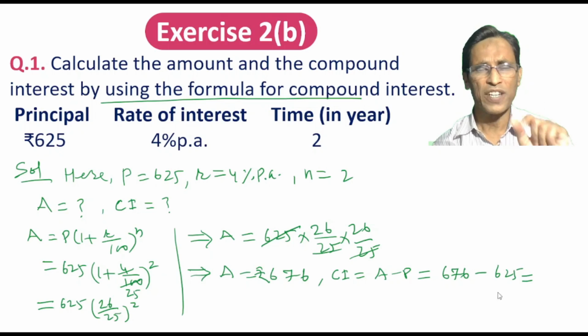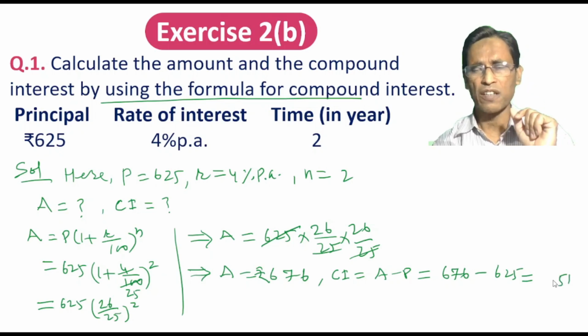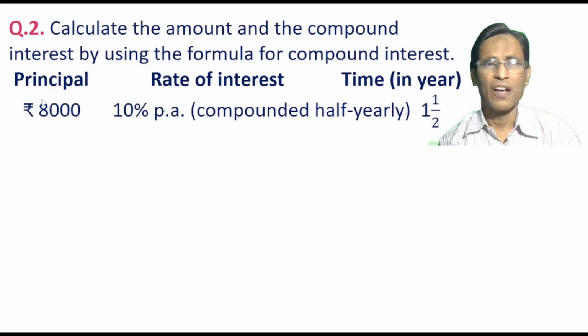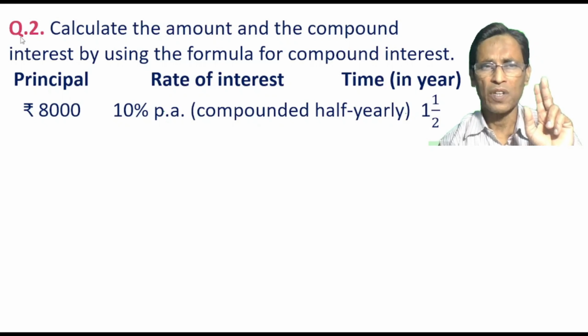Now the difference comes 51 in rupees, that is compound interest is rupees 51. This is our answer. Now we come to the question number 2.